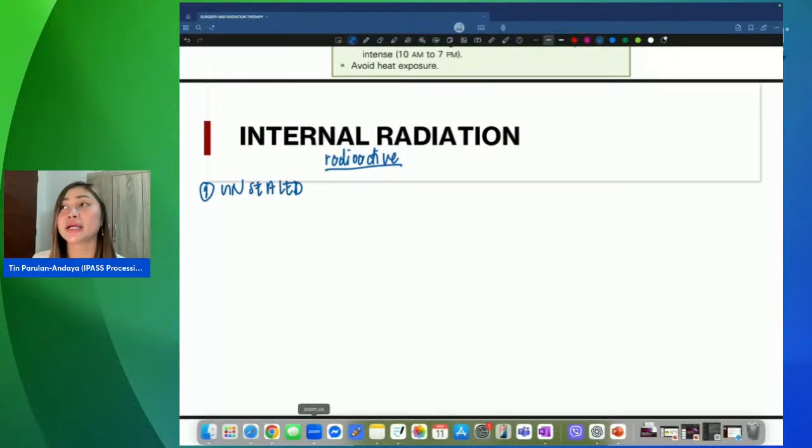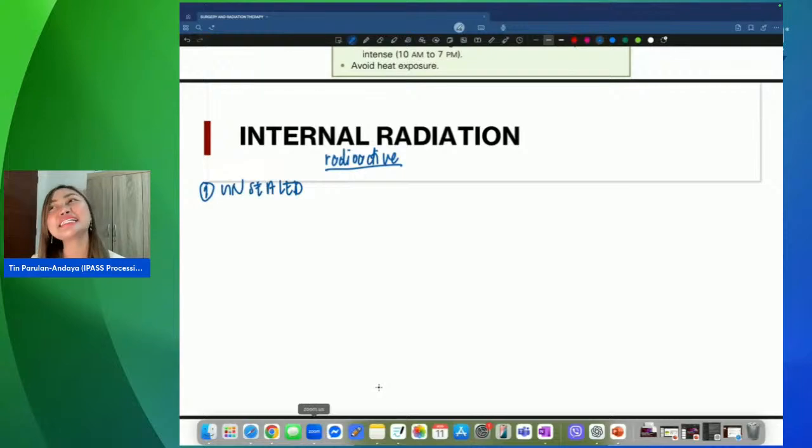The patient will be given a radioactive substance and will take that orally. So we are expecting that the body fluids, like the urine, the saliva, and the excreta, may be radioactive for a certain period. The focus here is all about radioactive excreta.